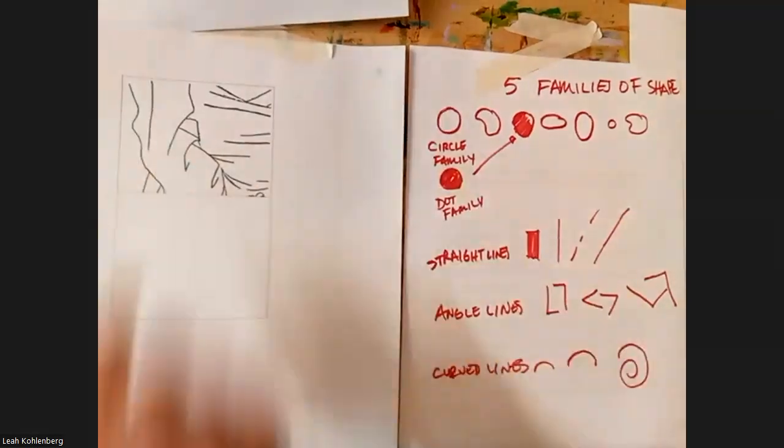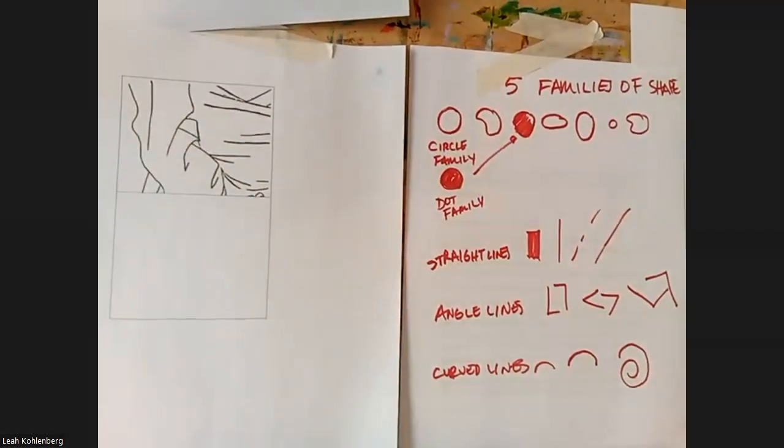So now let's come to this and tell me what families you see represented here. Some curved lines, some straight lines. Excellent. Any angles? Yeah, there's a couple angles. Are there any circles or dots?